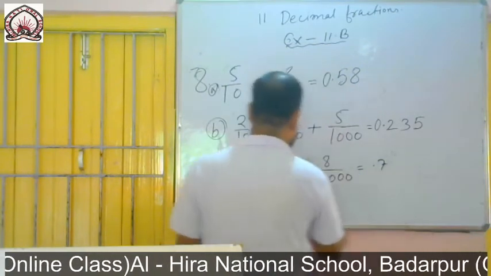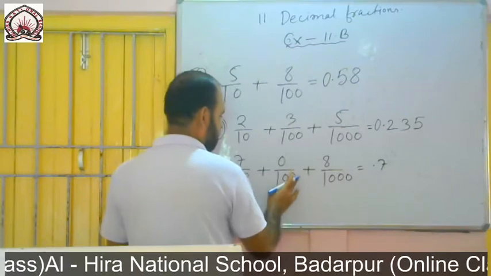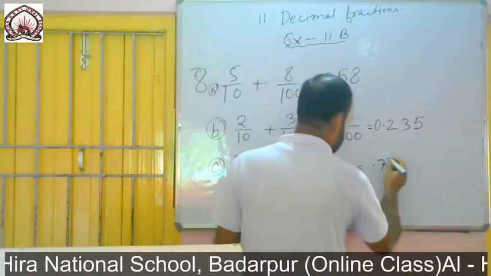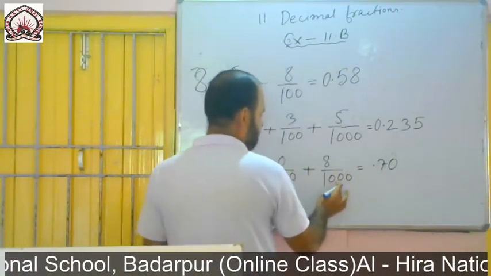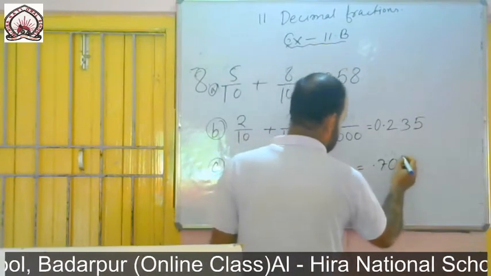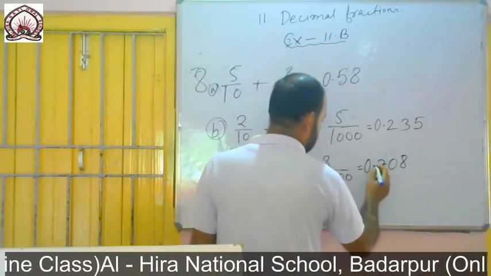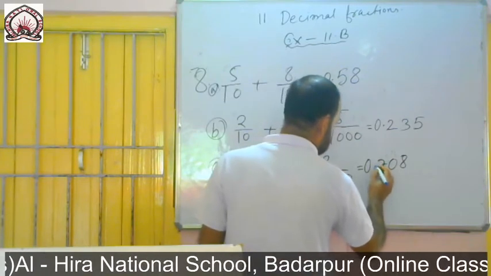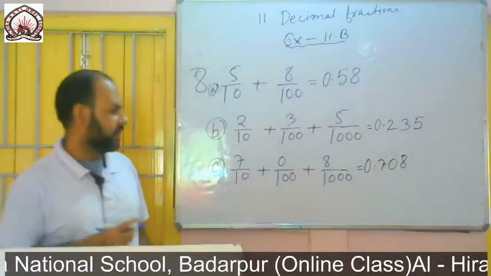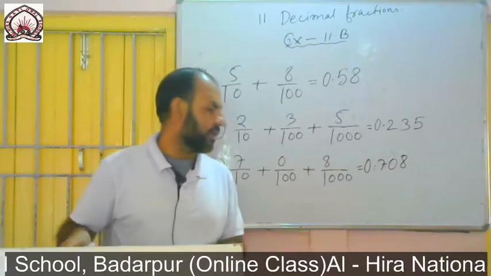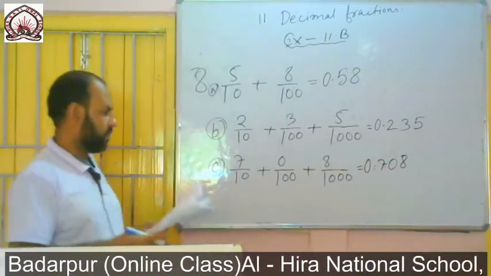Then 0 is in the hundredths place, and 8 is in the thousandths place. So we put a 0 in between, and the answer is 0.708.